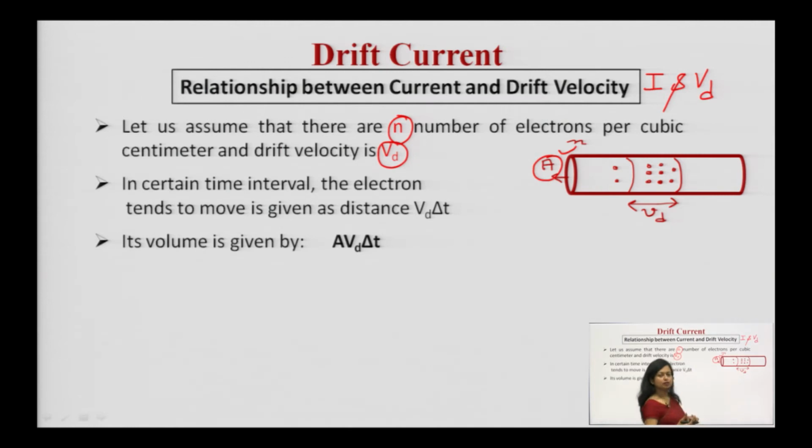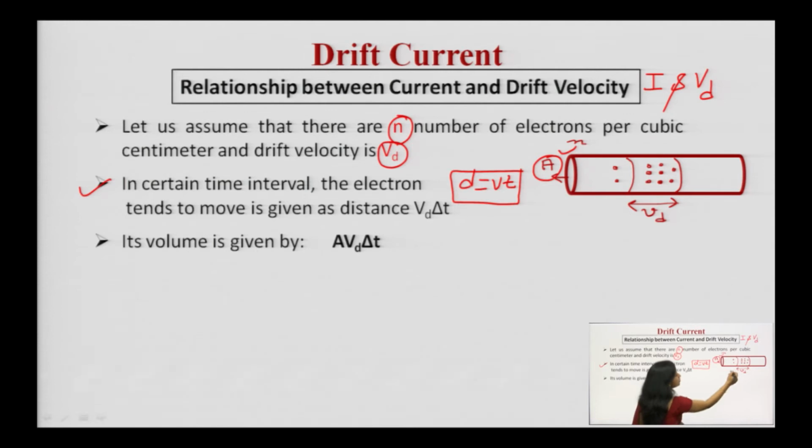We are assuming how much the drift is for a certain time interval. We may take a small time interval delta t and accordingly we can calculate it. So, in this time interval the distance the electron tends to move is given as what? You know the formula for distance: distance is velocity into time.